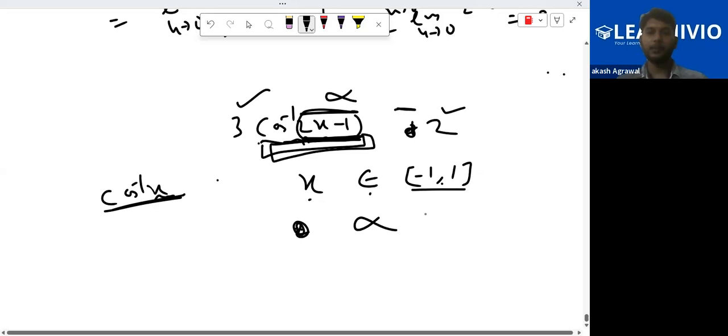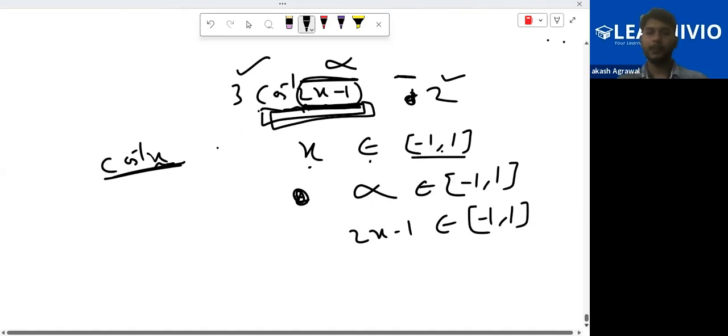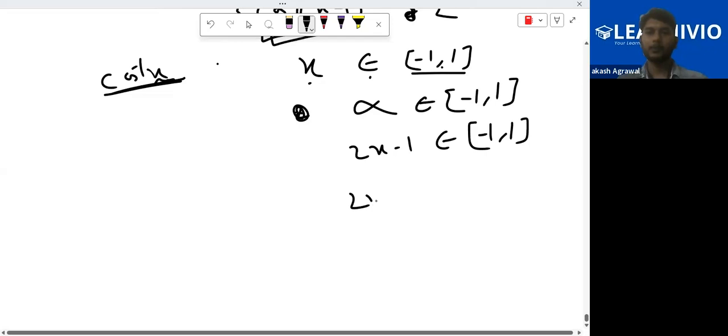So alpha should belong to minus 1 to 1. What is alpha? 2x minus 1 should belong to minus 1 to 1. So 2x should belong to, we can add 1 on both sides. So it will become 0 to 2. We'll divide by 2. So x should belong to 0 to 1.